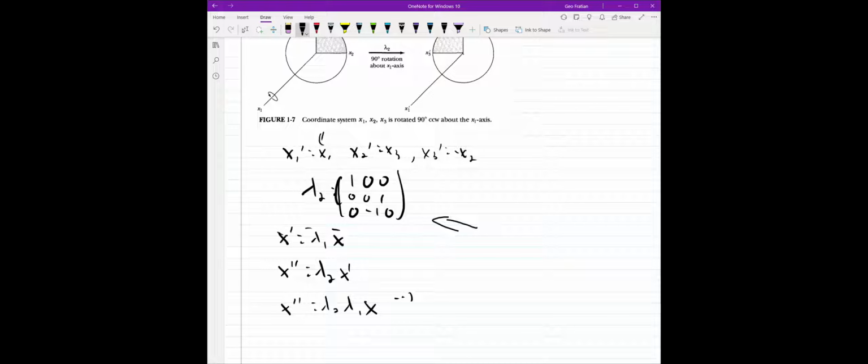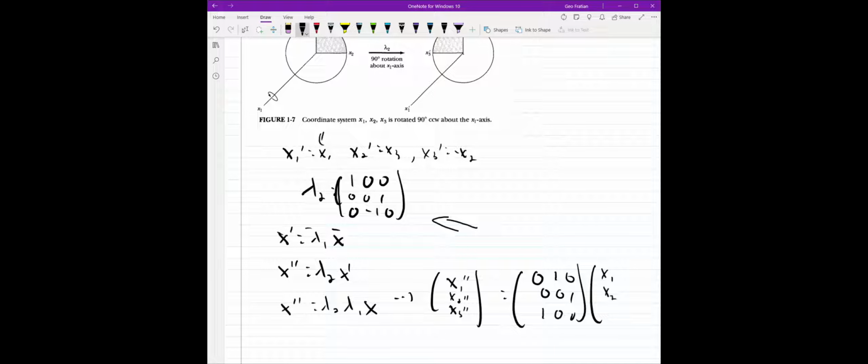So that tells us basically x1 double prime, x2 double prime, x3 double prime is equal to, if we multiply the matrices out together, 1, 0, 0, 0, 1, 1, 0, 0, times x1, x2, x3, which is equal to x2, x3, x1.